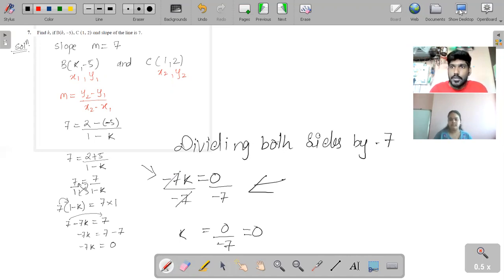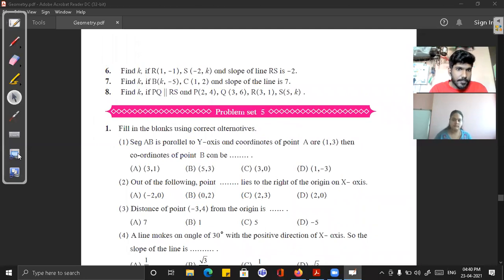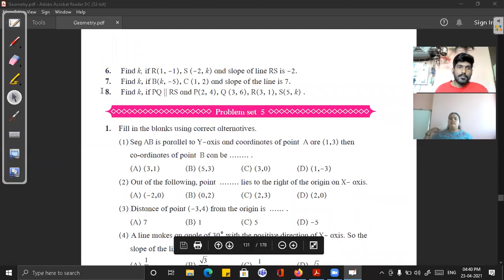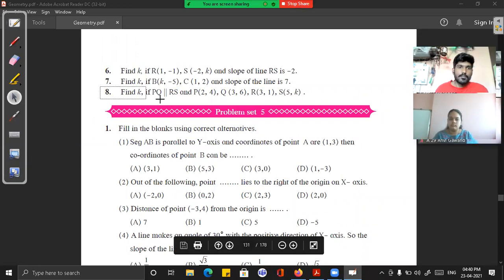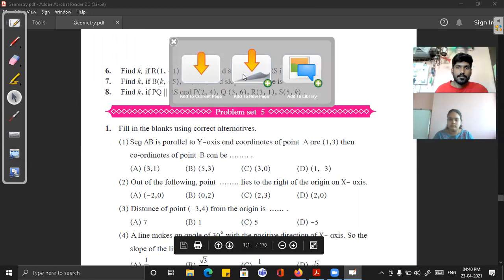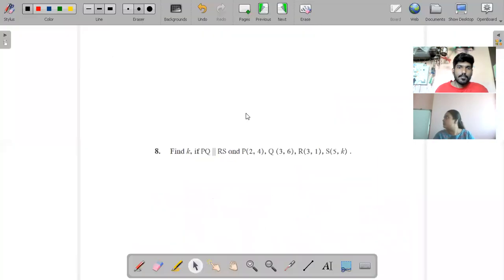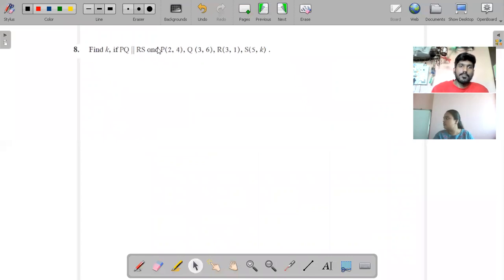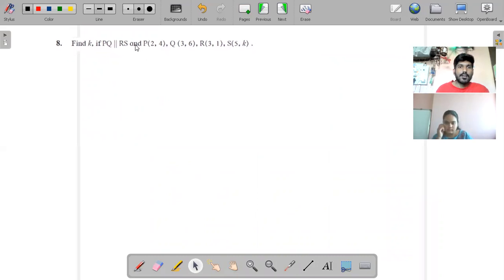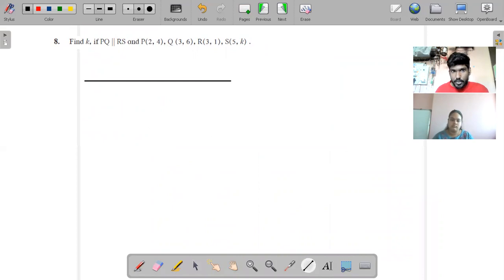Okay, so we'll move on to the next one. Eighth one. Find K if PQ is parallel to RS and coordinates of P, Q, R, and S are given. So there are two segments.